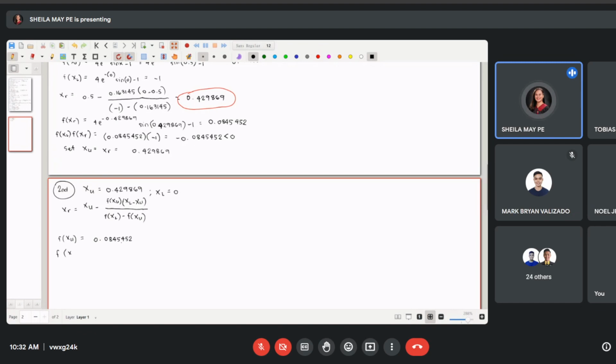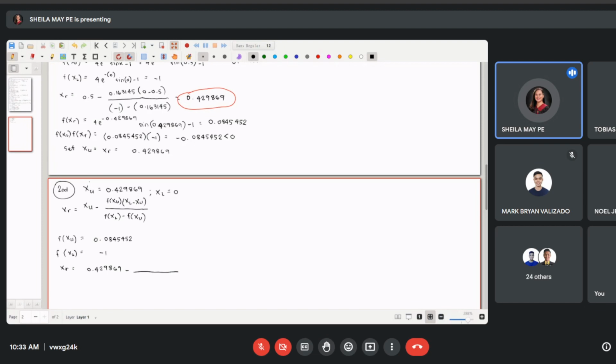Function of our x sub L, so it's still 0. So that's -1. So that's function of x sub L is -1. So that's x sub u at 0.429869.